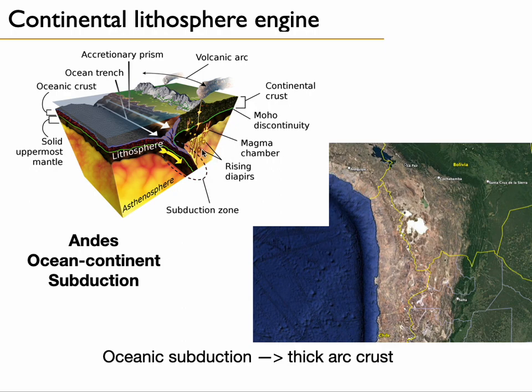So you can produce material by hydrating the mantle due to the dehydration of the slab, and producing melt. So that's one way to transfer mass from subducting plate to overriding plate, and in this case you can form continental crust by subduction.